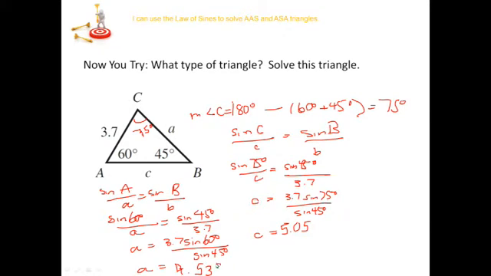And if you can't read that, it's 4.53. So A is 4.53. C is 5.05. And angle C is 75. So there you have it. And by the way, this was an AAS triangle. So there you go.